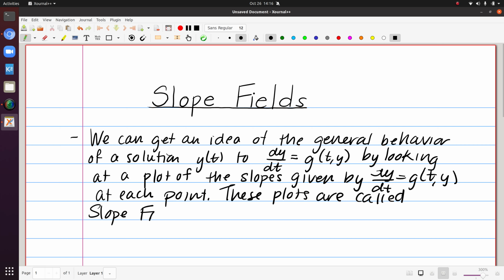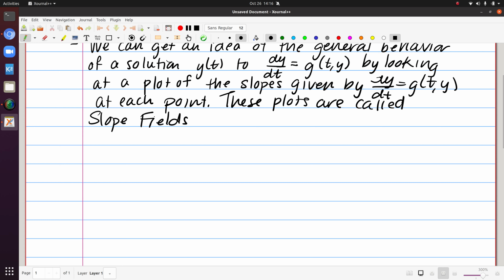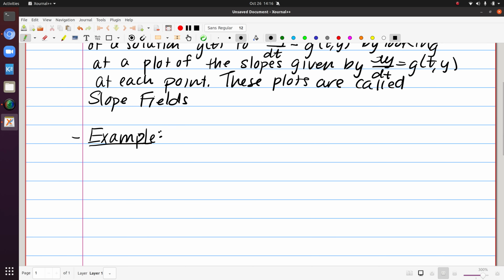One thing about slope fields that will be evident from me trying to do this next example is they're very difficult, very tedious to draw out by hand. Luckily, computers can generate very nice slope fields, and so some of the examples we look at will take advantage of that. But I do want to go through the process of drawing a very simple sketch so that it's clear exactly what the connection is here.